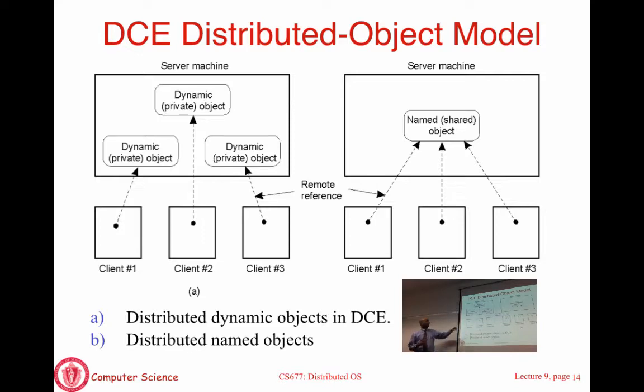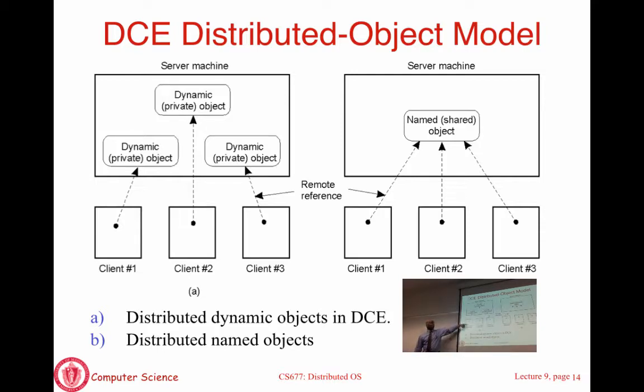So if you received a call on an anonymous or a private object, you would actually instantiate a new version of that object. That would be local to only that call and the call would operate on that object's methods and send a reply. This is analogous to a thread per request model, where whenever a call comes in, you start a new thread, it executes the request and the thread terminates.